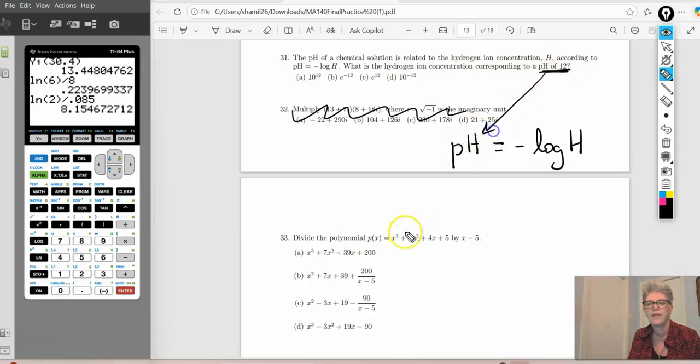So that's going to become a 12. All right, I might swap sides. And now I'm just going to multiply both sides by -1.